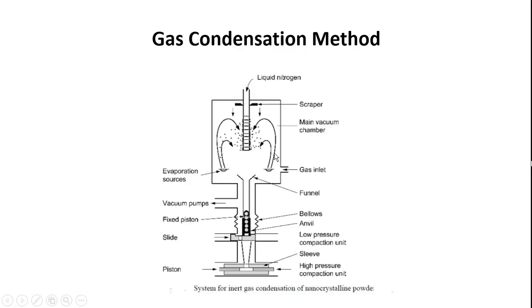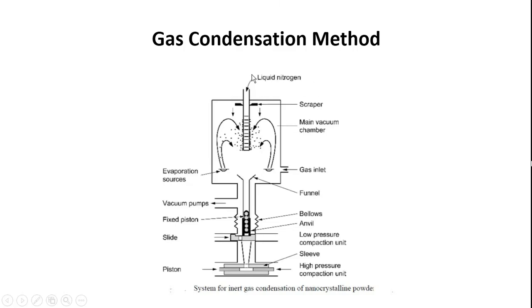Okay, this is the main chamber. And this is the separator, and liquid nitrogen will be allowed to pass through this. Of course, in most of the phenomena taking place for the production of nanoparticles, this particular process takes place in the presence of liquid nitrogen.